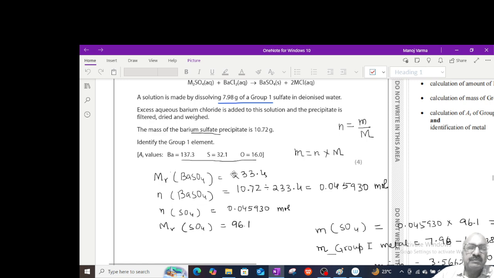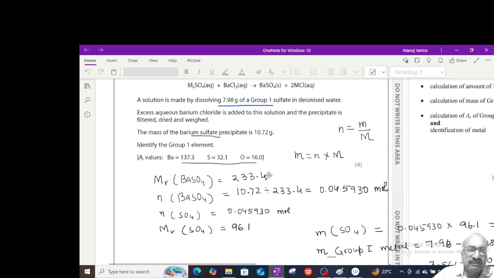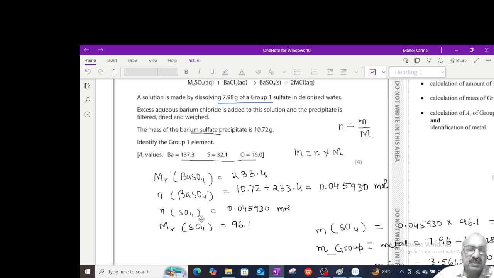Now you have to understand that the number of moles of barium sulfate and the number of moles of sulfate are one and the same, because 1 mole of barium sulfate contains 1 mole of sulfate ions. So the moles of sulfate ions is also 0.045930 mole, correct?